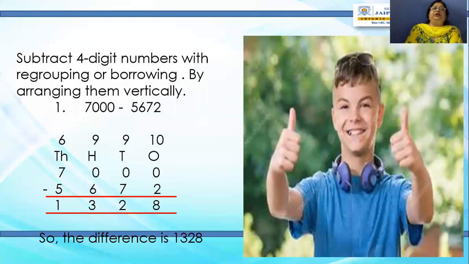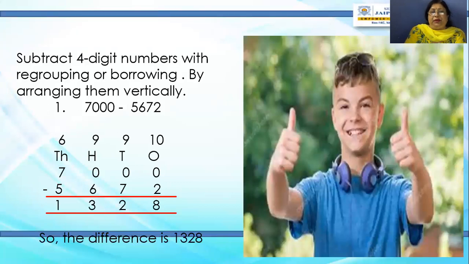Now subtract 4-digit numbers with regrouping or borrowing by arranging them vertically. First is 7,000 minus 5,672. Now we are going to write down these numbers under Th H T O, that's thousands, hundreds, tens, and ones.